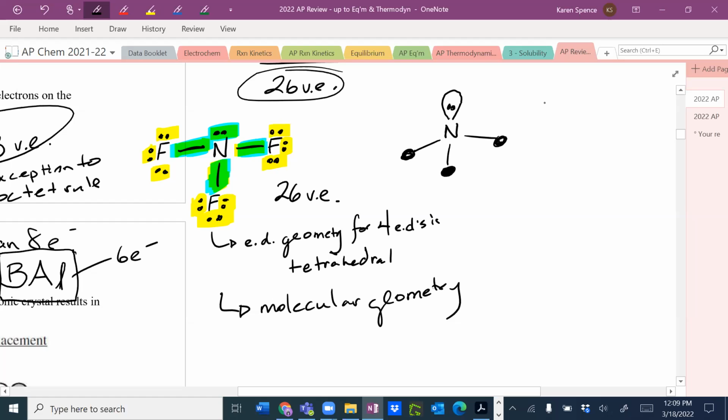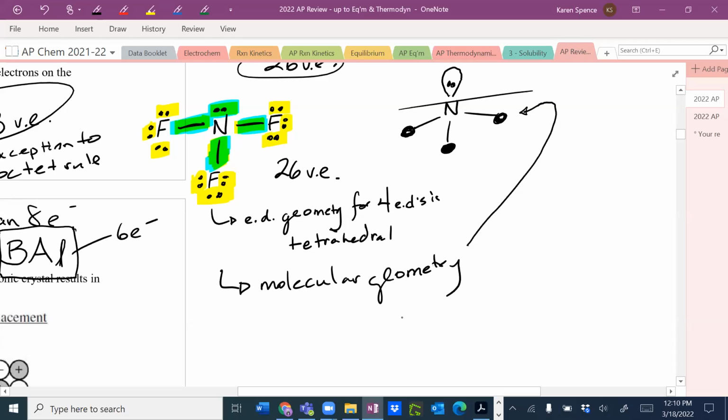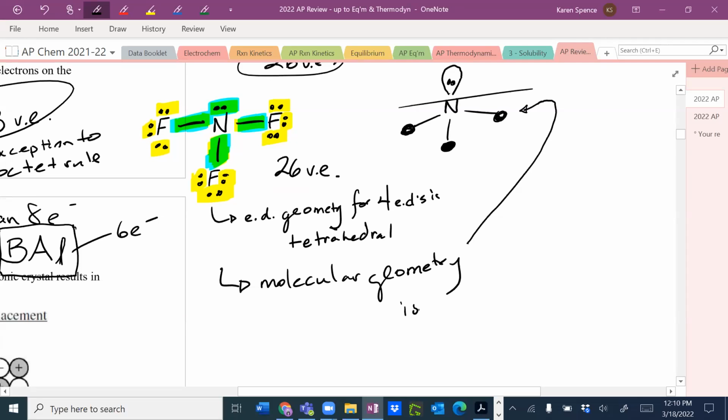That is our tetrahedron. But when we discount that lone pair, if we're just looking at the base of the tripod, what shape is the base of a tripod? It's a triangle, yes.